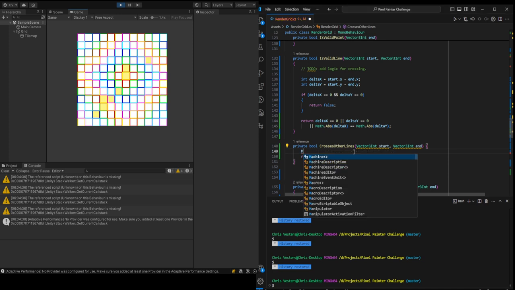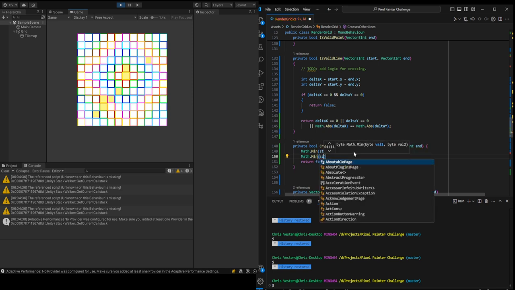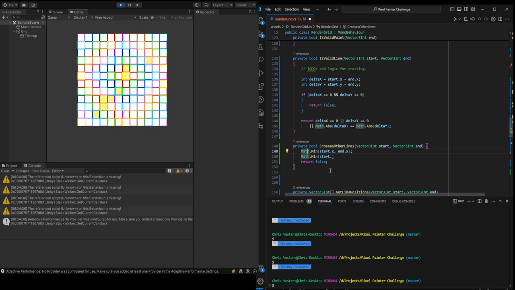Okay, so I do math.min of start.x and x. I'm actually thinking whether this makes sense to do math.min, because I will need the max as well. I will need both min and max.